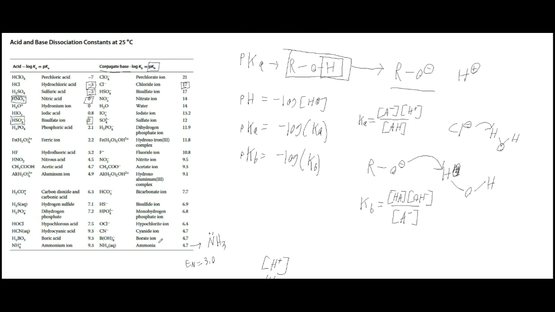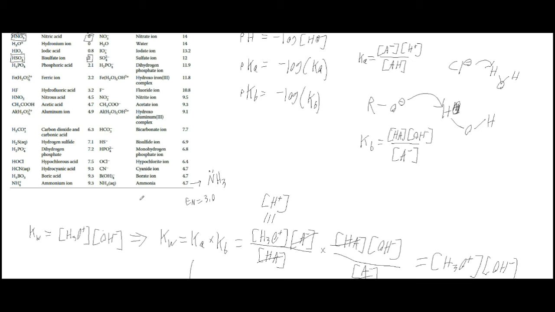we could end up having much stronger bases than this. Things like OH, which is the hydroxide ion. That's a fairly common base that's used in things like sodium hydroxide, potassium hydroxide, magnesium hydroxide, things like that. That's sort of your quintessential base, and that will have a pKb. I don't know what it is offhand, but I'm almost certain that it would be in the negatives.